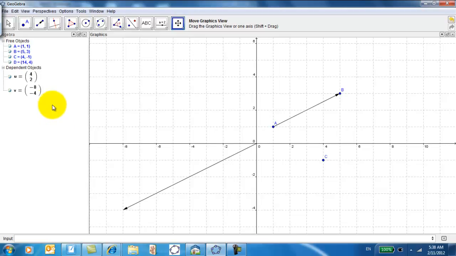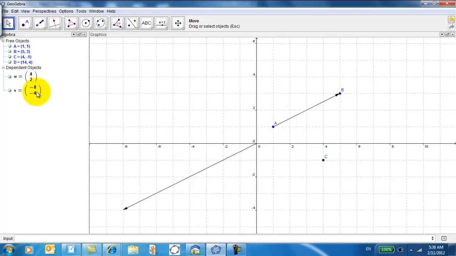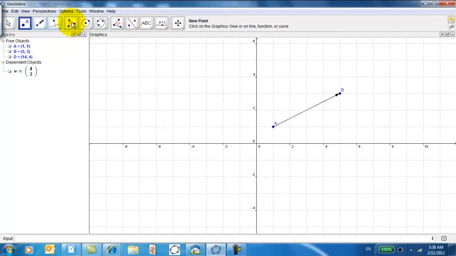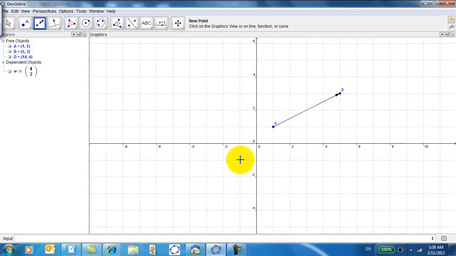Okay? Now, perpendicular is a little trickier. For perpendicular, let's come up with some new points. Let's do a vector again. Start at negative 1, 1 here. Oopsie.